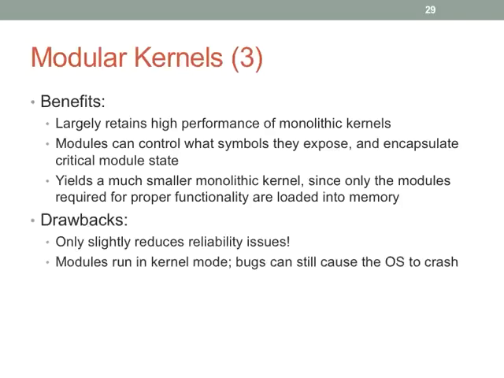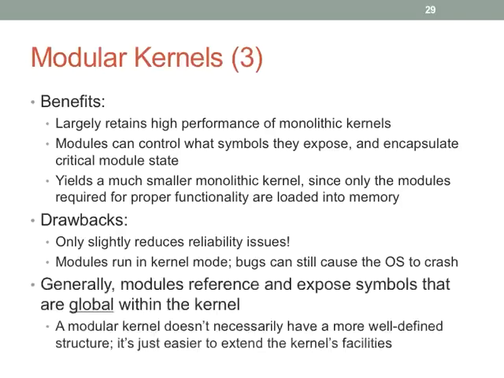Now, the drawback is you only slightly reduce reliability, because you still have kernel modules that can talk to any part of the kernel. I can have a printer driver that messes with the process scheduler. That seems bad. You can still have modules that bring down the entire operating system. The modules reference and expose symbols that are global within the kernel.